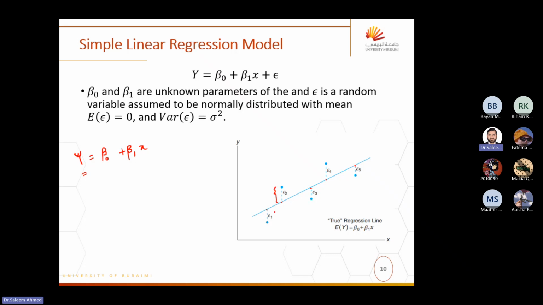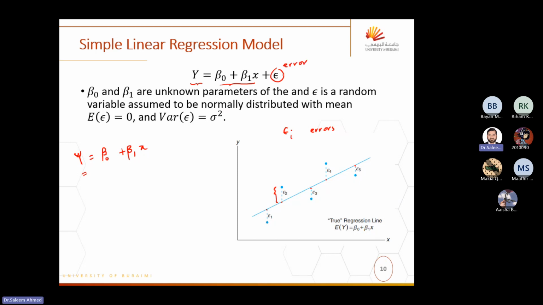These are called the errors. We call them epsilon 1, epsilon 2, epsilon 3. These epsilon i's are errors in each case, where between the true y and calculated y there is a difference. If this is my calculated value and this is my actual value, there will be a difference of this epsilon, the error term.